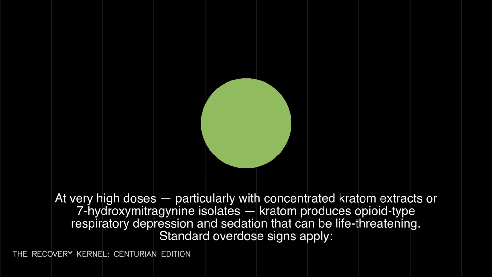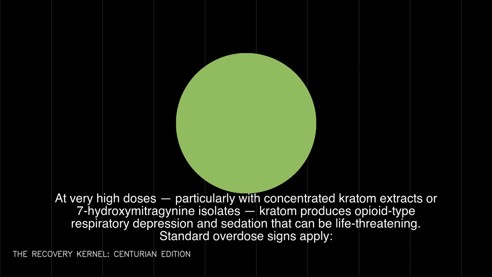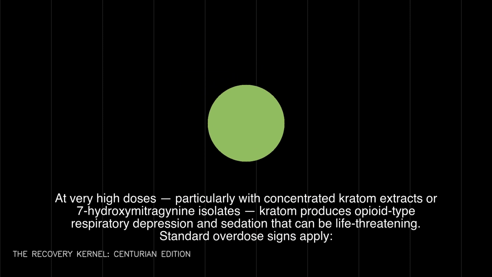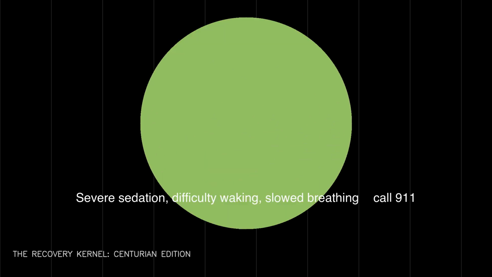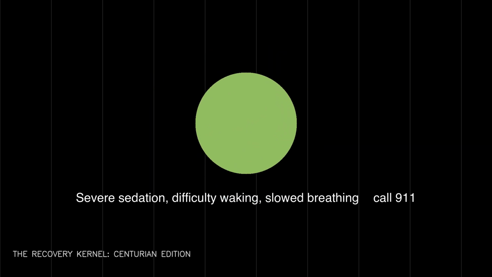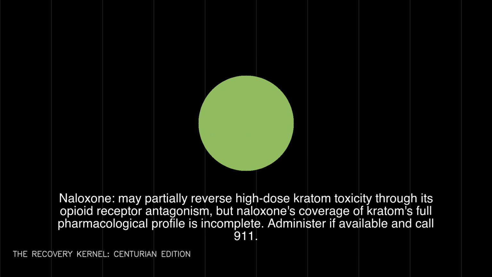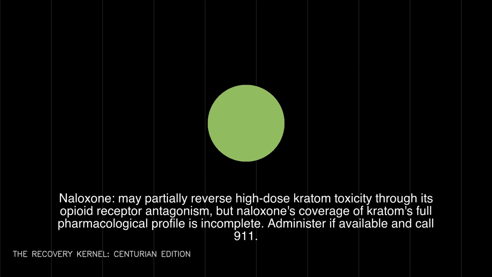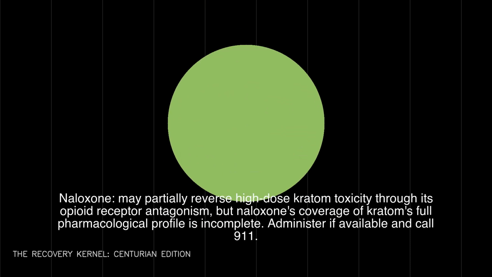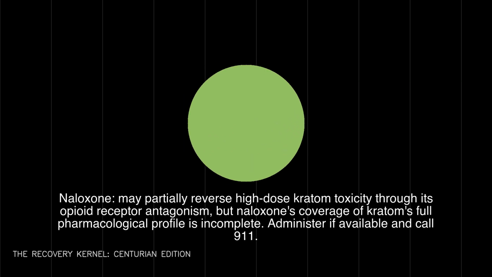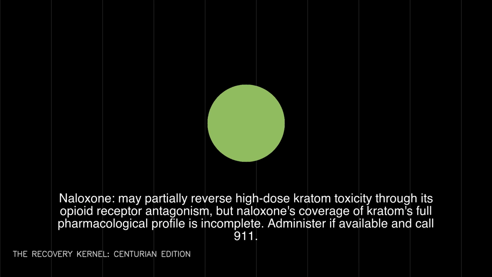Naloxone may partially reverse high-dose kratom toxicity through its opioid receptor antagonism, but naloxone's coverage of kratom's full pharmacological profile is incomplete. Administer if available and call 911. Mitragynine and 7-OH-mitragynine are not reliably detected on standard opioid urine screens. Tell emergency personnel the specific substance.